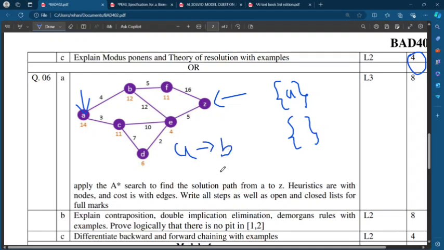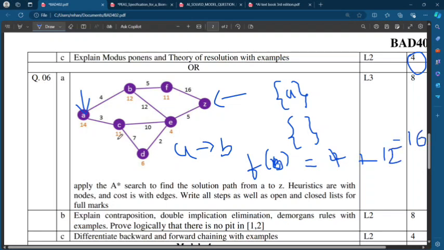By applying the heuristic function, f of n is equal to, so you just write f of B here. f of B is equal to g of n value 4 plus h of B value, that is 12, which gives us 16.